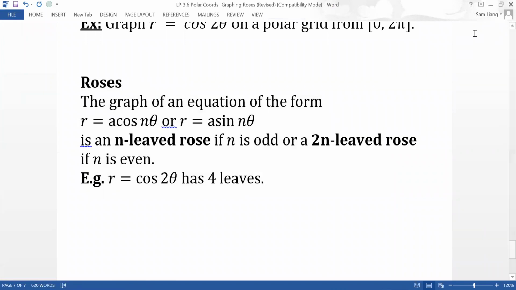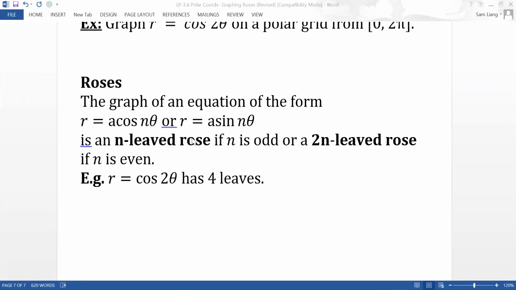The graph of an equation of the form r equals a cosine n theta, or r equals a sine n theta, is an n-leaved rose if n is odd, or a 2n-leaved rose if n is even. For example, r equals cosine 2 theta has 4 leaves.